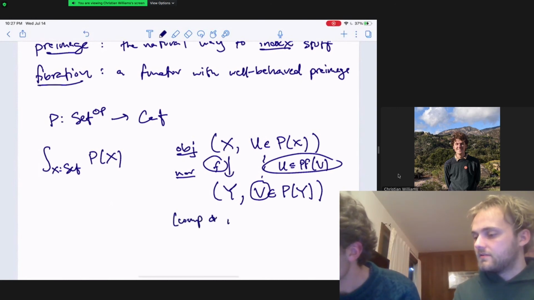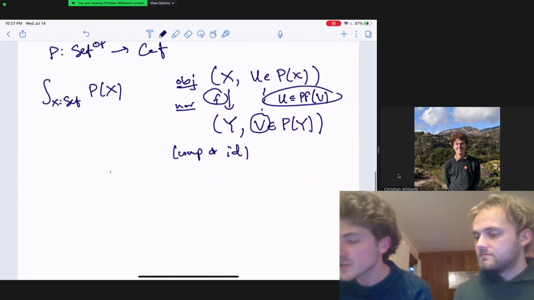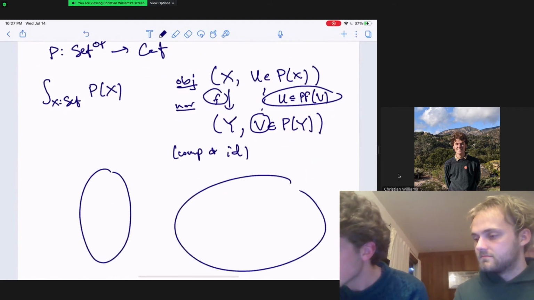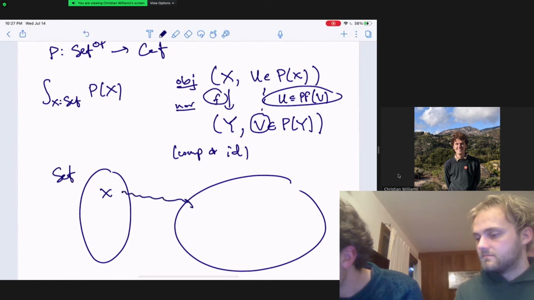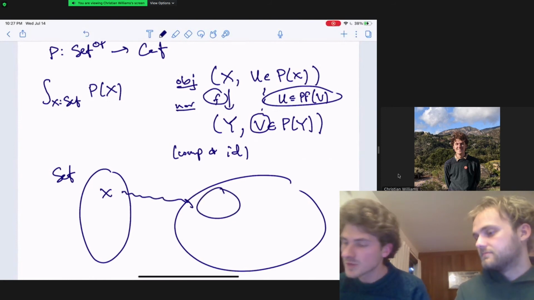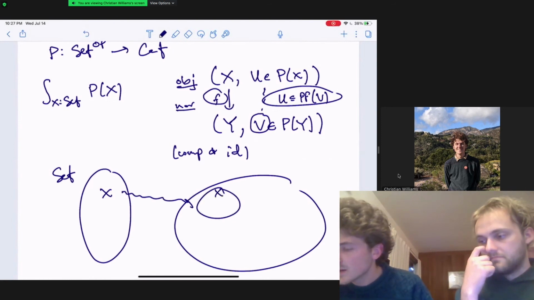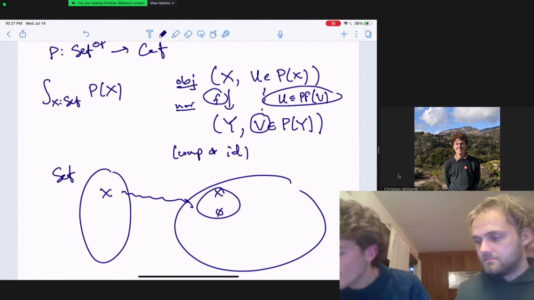So that's how you glue together. You can just picture it. You have the world of sets and the world of categories. For every X, you get the Boolean algebra of predicates on it, or subsets, however you want to think about it.